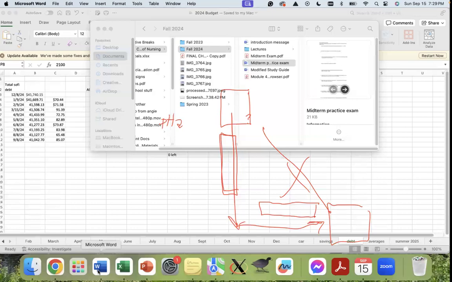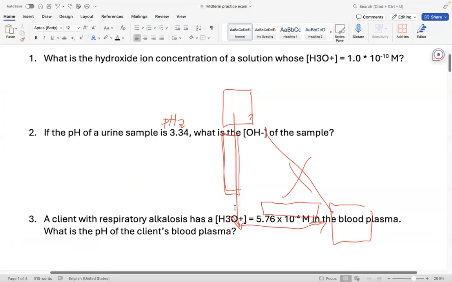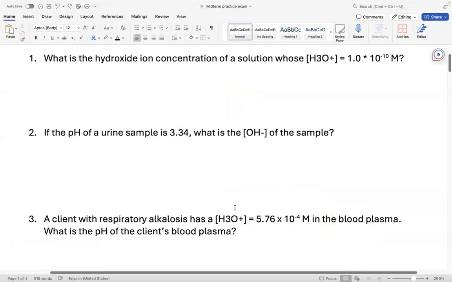So let's go back to this. Erase some of this. All right, so step 1, pH plus pOH equals 14. So I have my pH plus X equals 14. Subtract each side to get X by itself. X equals 10.66.